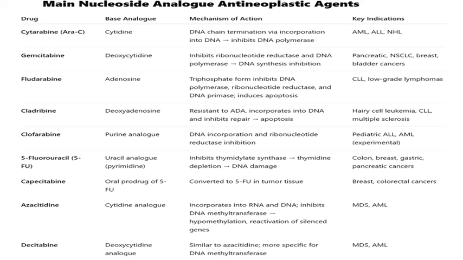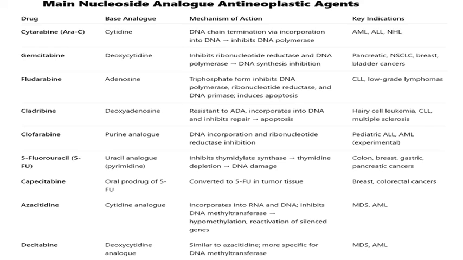1. DNA chain termination and polymerase inhibition. Cytarabine, gemcitabine, fludarabine, and cladribine incorporate into DNA during S phase, leading to premature chain termination and inhibition of DNA polymerase. Some also inhibit ribonucleotide reductase, depleting dNTPs for DNA synthesis. 2.